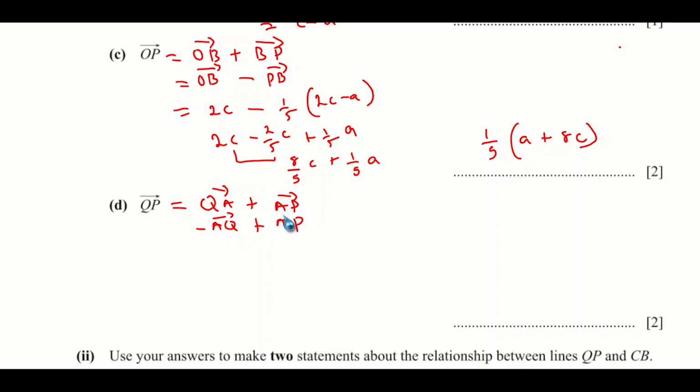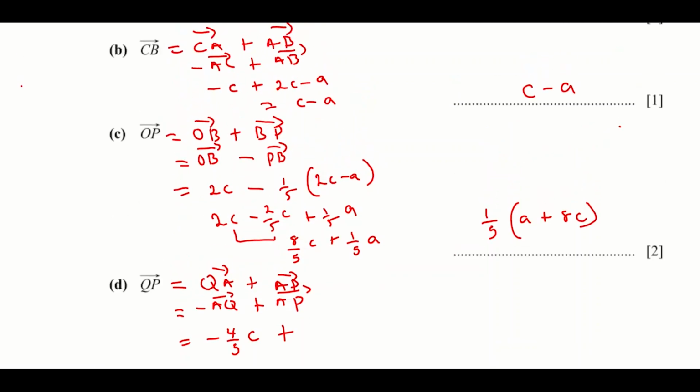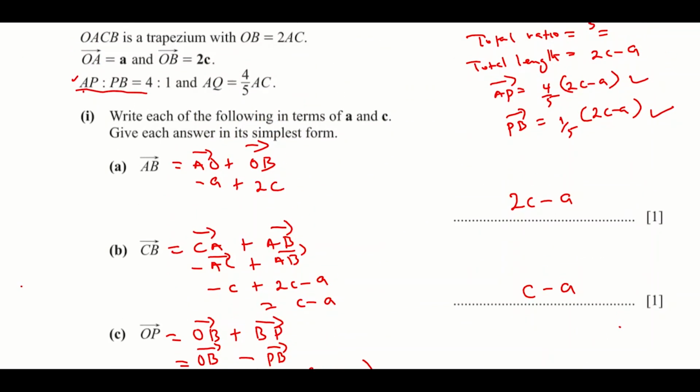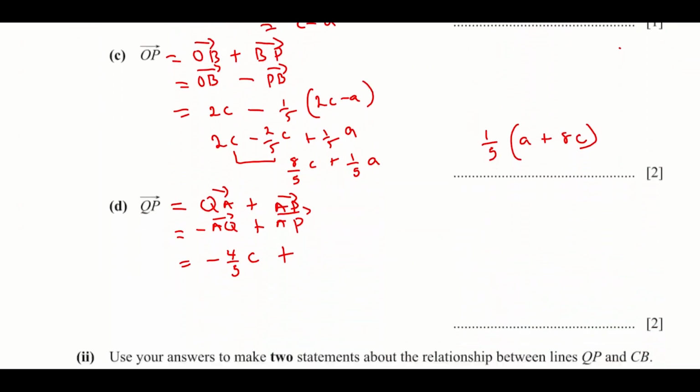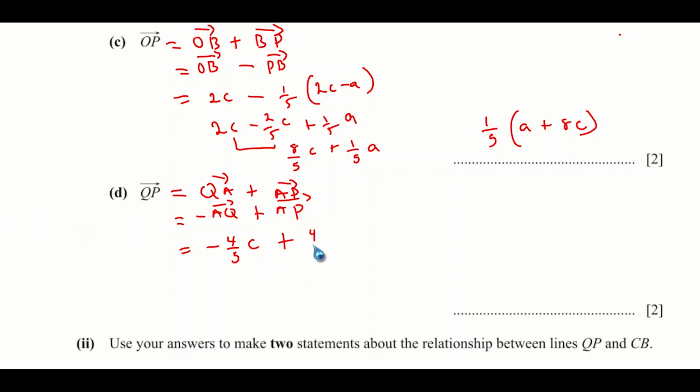Okay, so it's good to always show the direction in vector. So this will be equals to minus AQ. That will be minus 4 over 5C. Then plus AP, which is 4 over 5 into 2C minus A.